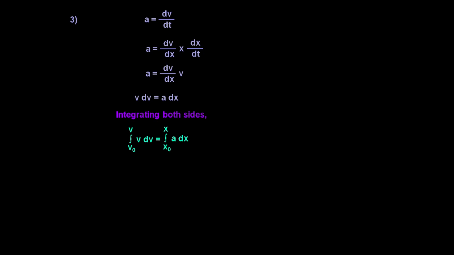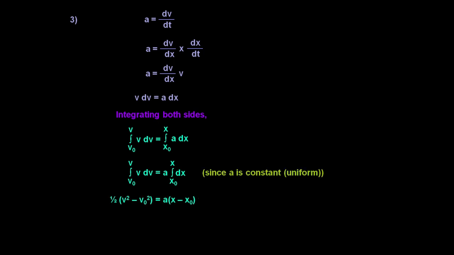By applying limits v and v0, it becomes v square by 2 minus v0 square by 2, and a is taken outside, and the x limit is x minus x0. So v square minus v0 square by 2 is equal to a into x minus x0.